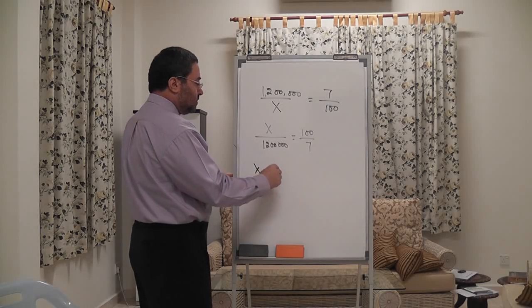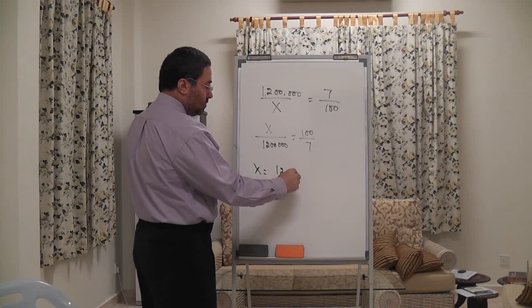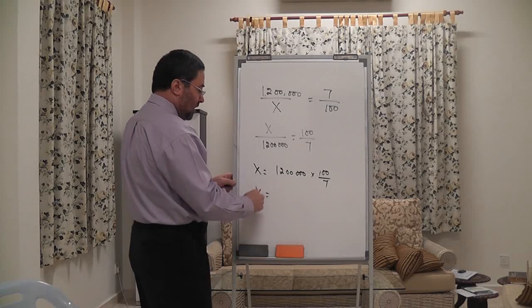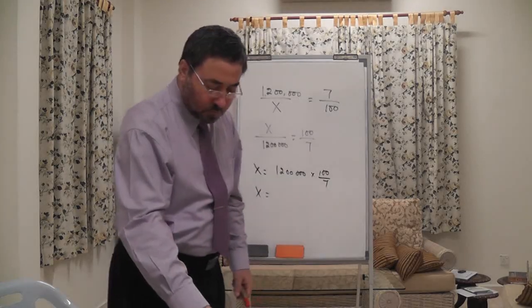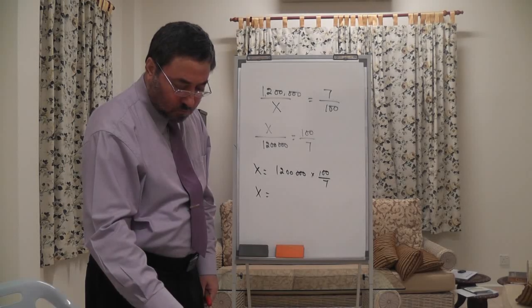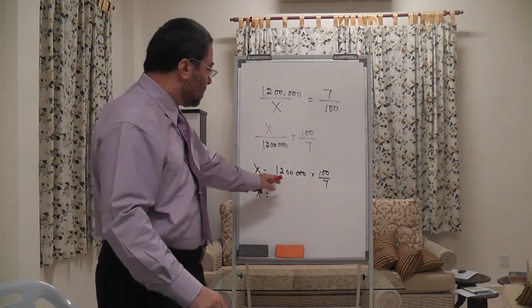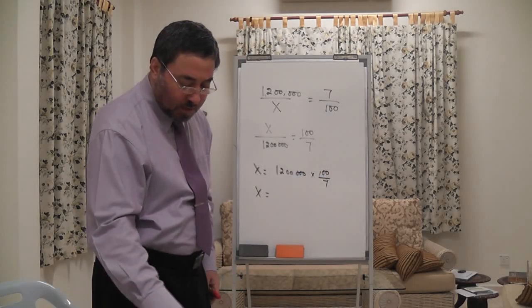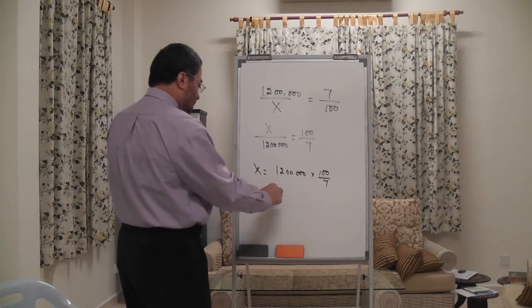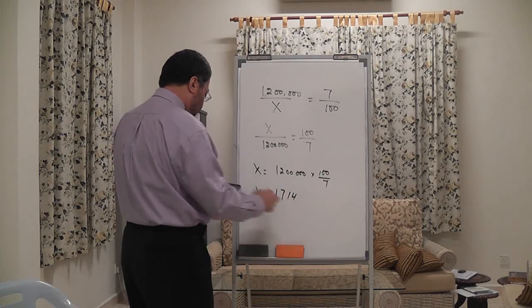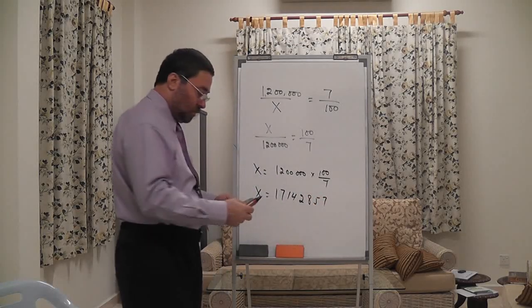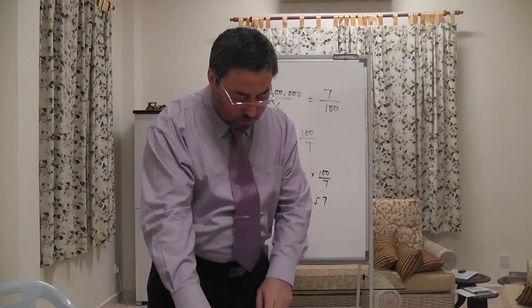So x equals 12 and 7 zeros divided by 7, and the number is 17142857, and we need to round this to the nearest 100,000.